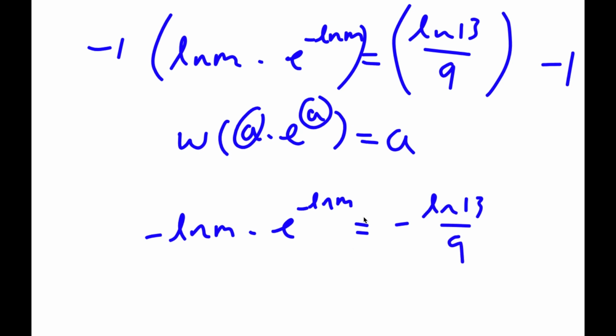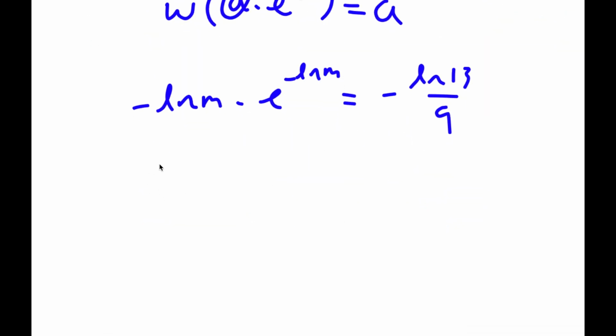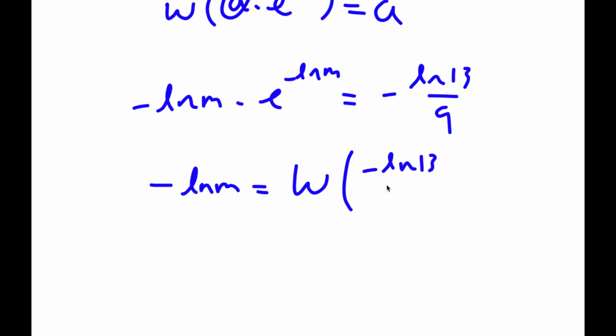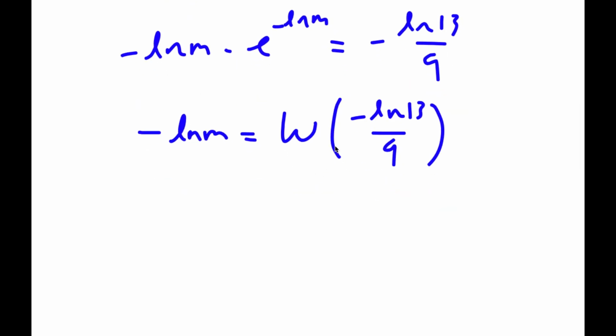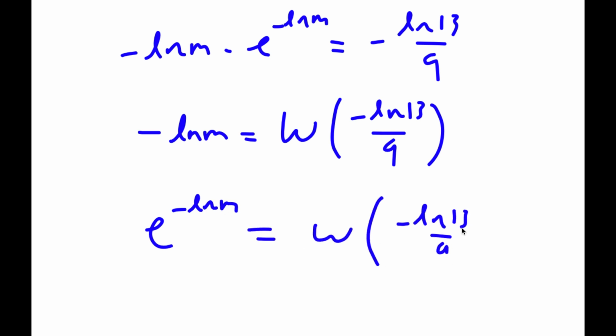Now, if I take the Lambert W function on both sides, I get negative ln m is equal to W of negative ln 13 over 9. And now I'm going to take e to the power of both sides. So now I have e to the power of negative ln m is equal to W of negative ln 13 over 9.